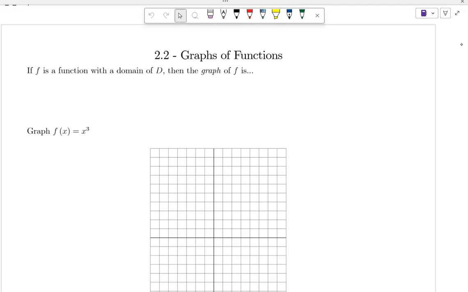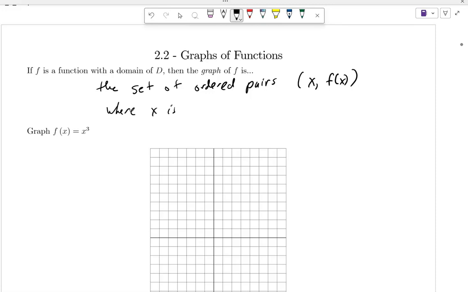So the graph of the function is the set of ordered pairs x comma f of x. Plug in an x, get out an f of x, where your x is in the domain. And I just refer to the domain as D.